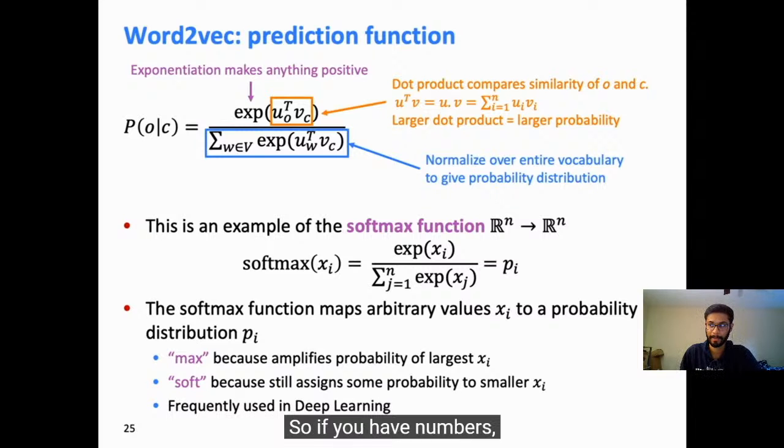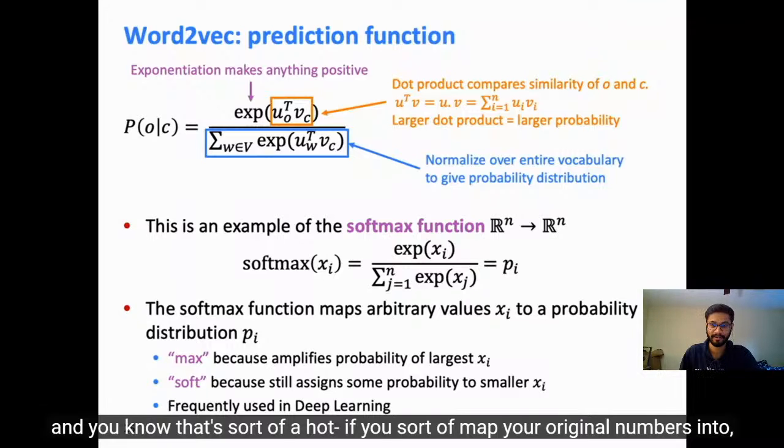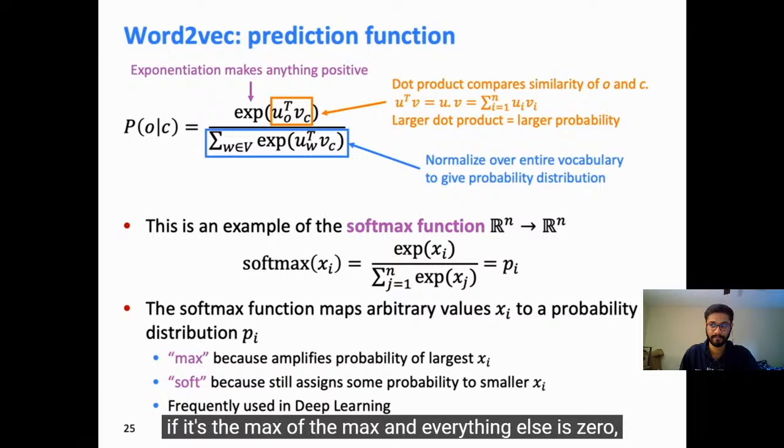So if you have numbers, you could just say what's the max of these numbers, and that's a hard max: if it's the max, it's the max, and everything else is 0. This is a soft max because of the exponential. If we just ignore the problem of negative numbers for a moment and got rid of the exp, then you'd come out with a probability distribution, but by and large it'd be fairly flat.